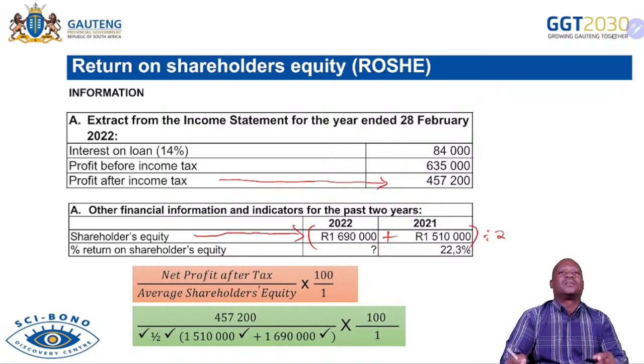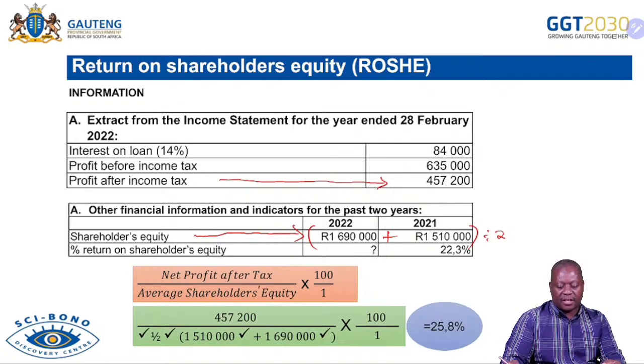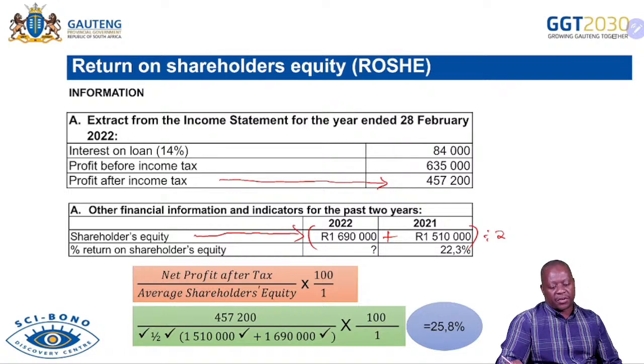So always remember, it's not always multiplying by 100 to get the answer as a percentage. And then check what is the answer for us here. 25.8%. So that is the return on average shareholders' equity, ROSHER.